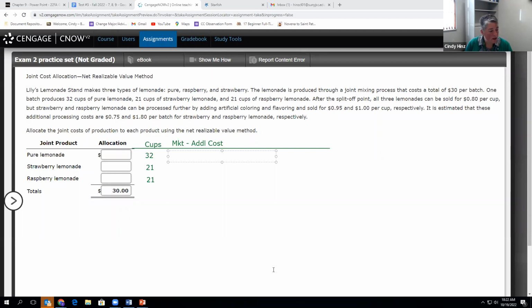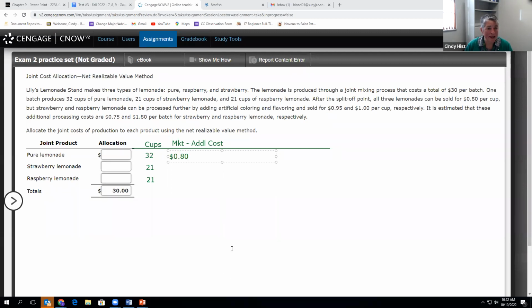So there we go. The market price per cup is 80 cents. Let's see here. But strawberry and lemonade sold for 95 cents. Oops, pure lemonade is 80 cents. Forgot which line I was on.